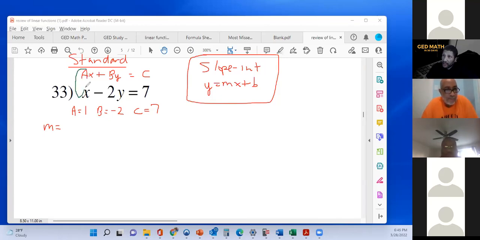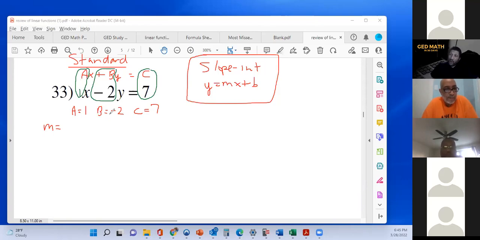Whatever's in front of your x is your A. Whatever's in front of your y is your B. Whatever's on the right side of the equation is your C. If you don't see anything there, it is 1. A is 1, B is -2, C is -7. Does everybody understand that? Yes.